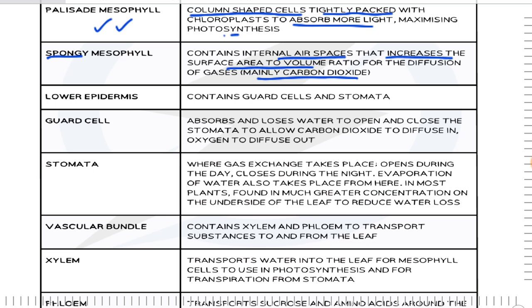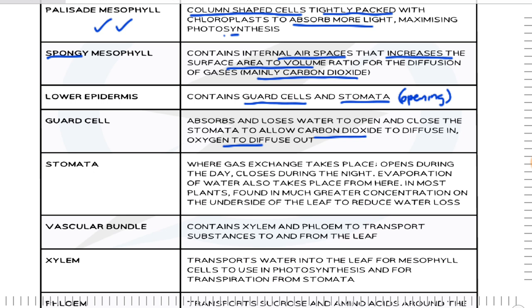And the lower epidermis contains cells that are known as guard cells, and the stomata, which is an opening. Stomata is just an opening between the guard cells. So the guard cells absorb and lose water to open and close the stomata to allow carbon dioxide to diffuse in and oxygen to diffuse out.